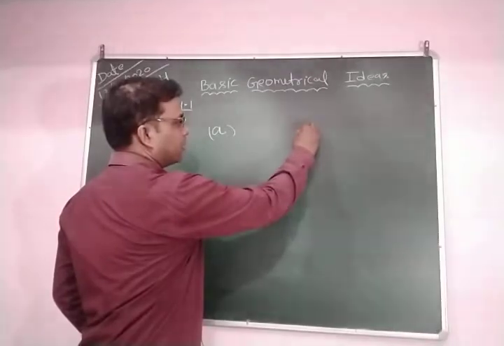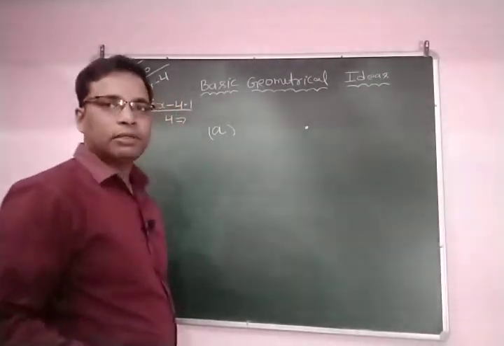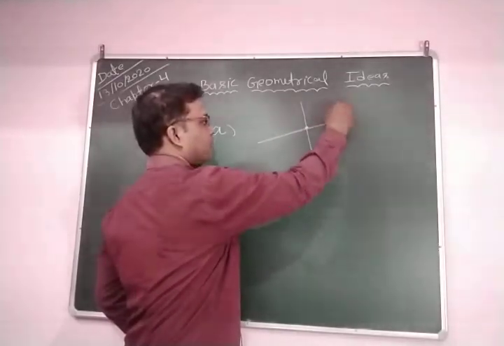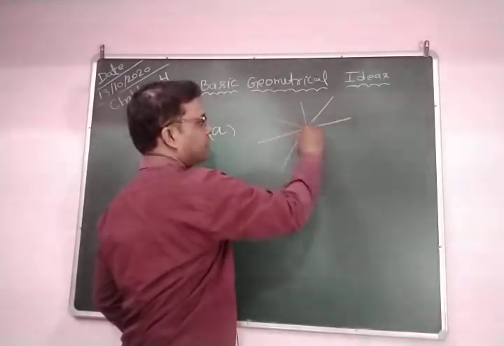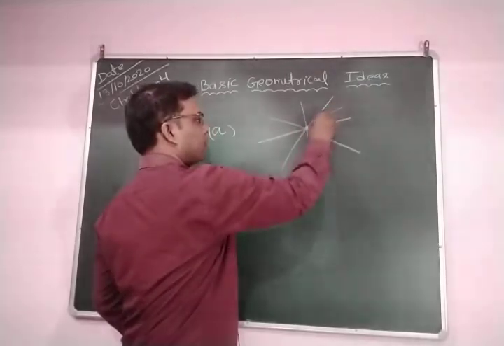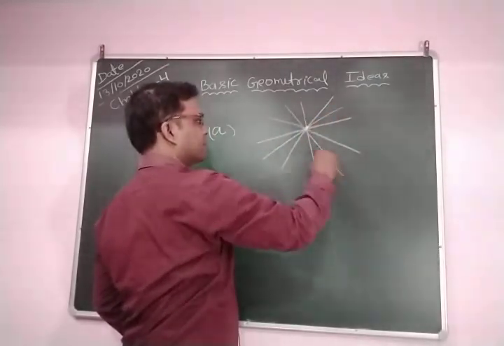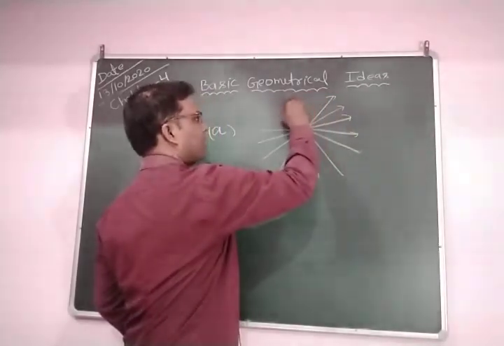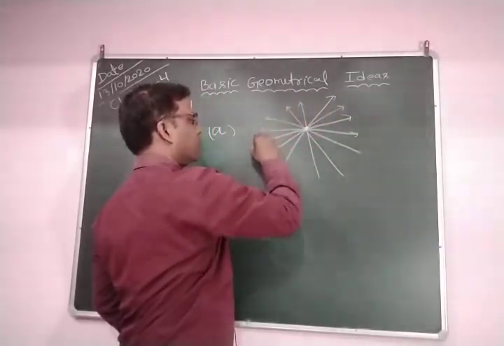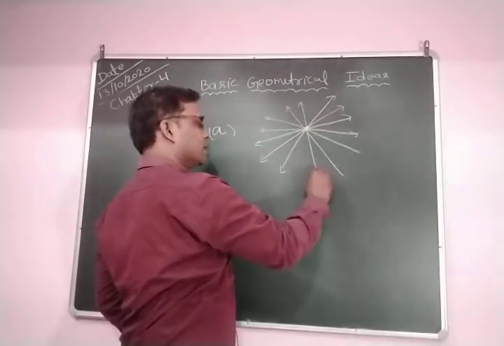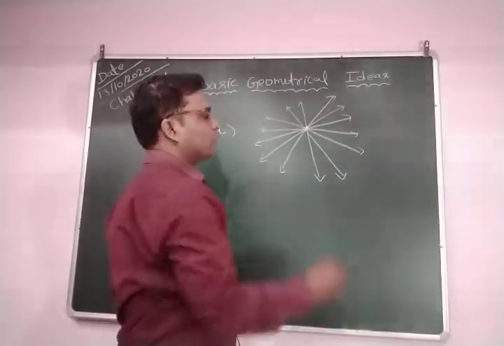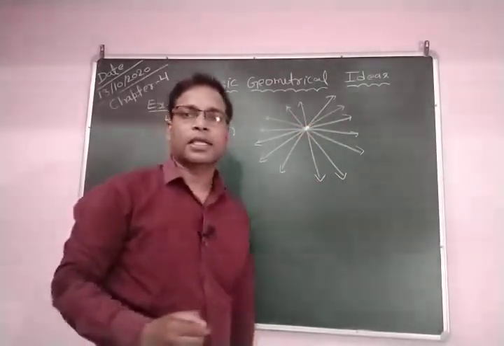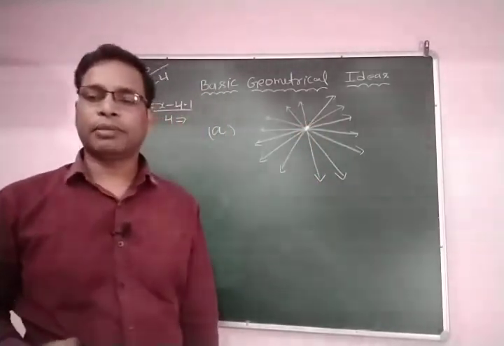This is one given point. So how many lines can we pass here? One line, two lines, three lines, four, five, six, seven lines. You can say unlimited. Unlimited lines can be passed through a given point.